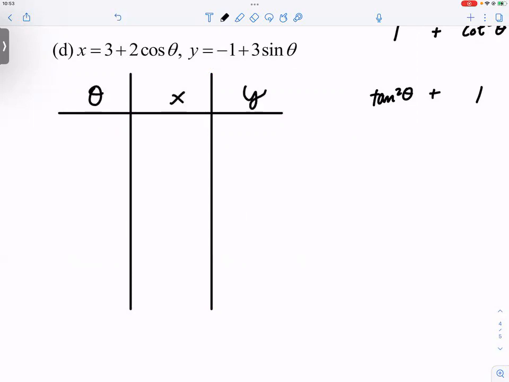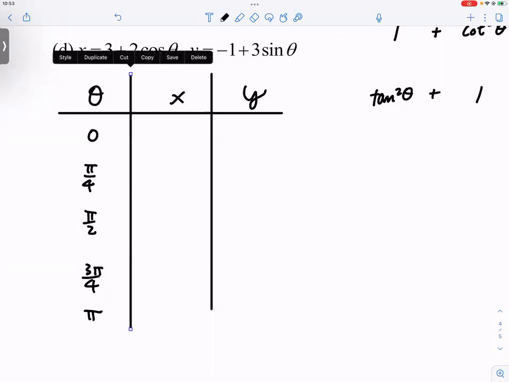And then we ask, what are some good theta values? Let's just say we do 0, and then maybe pi over 4, then pi over 2, 3 pi over 4, and pi. Let's just do these 5 values.